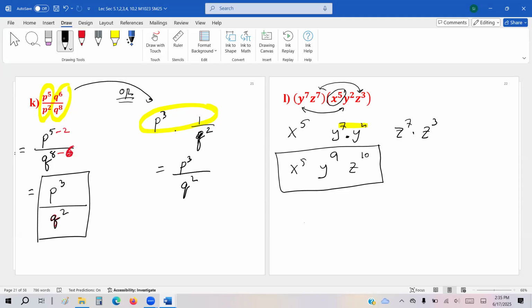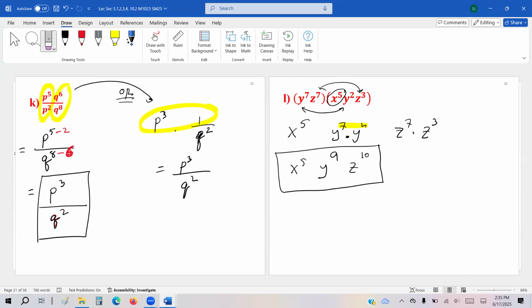So what you're saying is, if you have this, then you can distribute. But you're not given any plus sign, so you're not distributing, you're combining. So if you don't see any plus sign or minus sign, it's not distribution.